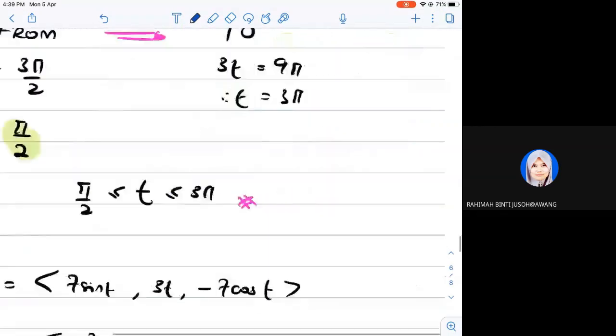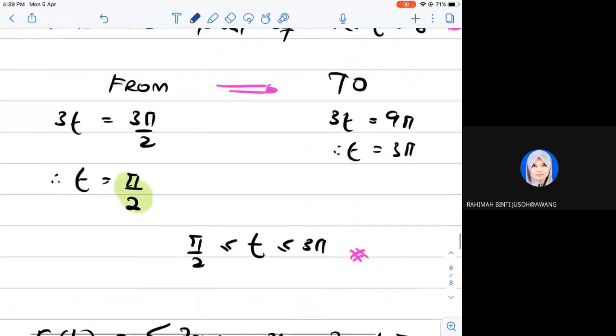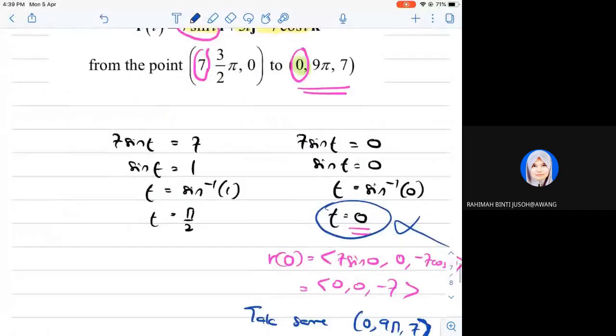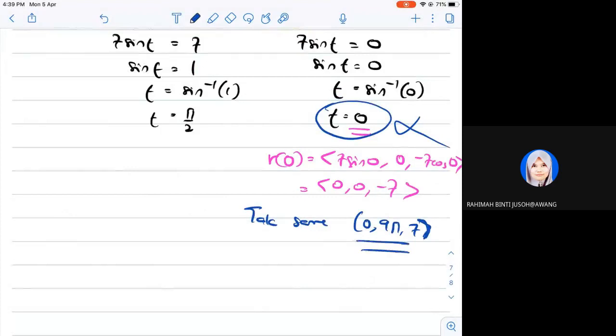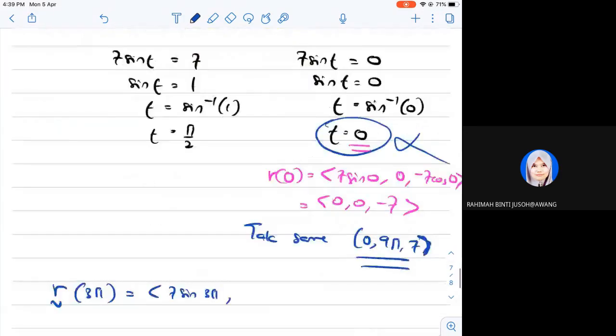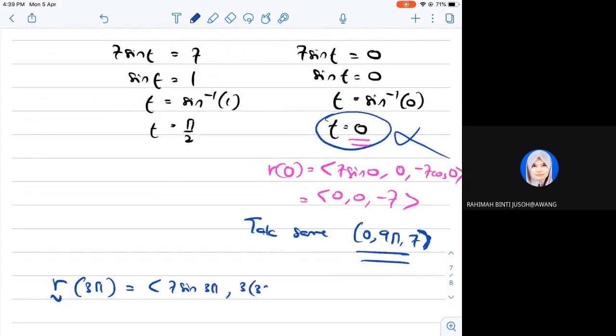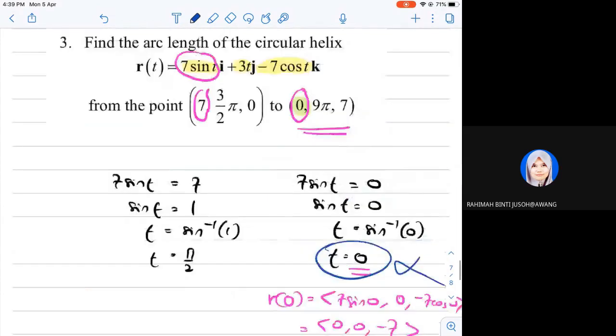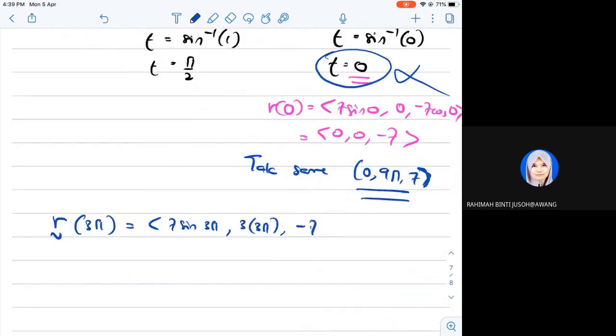Kenapa? You tengok saya gantikan, misal kata saya gantikan 3 pi dalam kita punya function ni, dapat tak? Okay, R 3 pi. So 7 sin 3 pi, okay, lagi 3T kan? 3 darab 3 pi dengan negative 7 cos 3 pi.